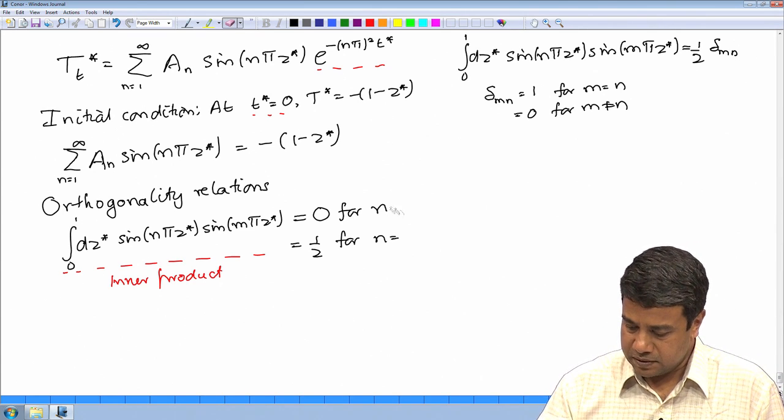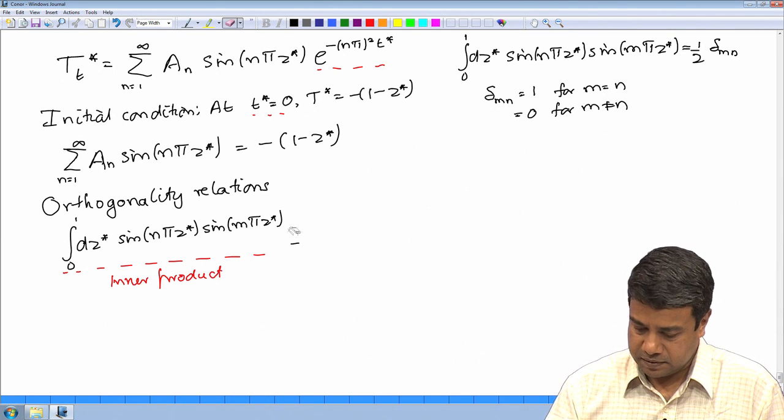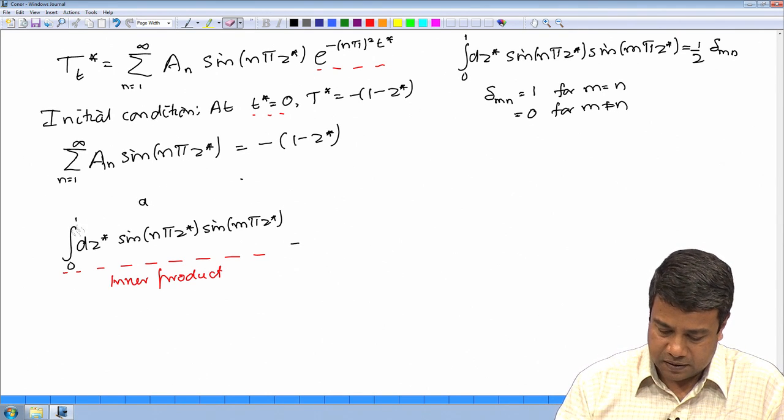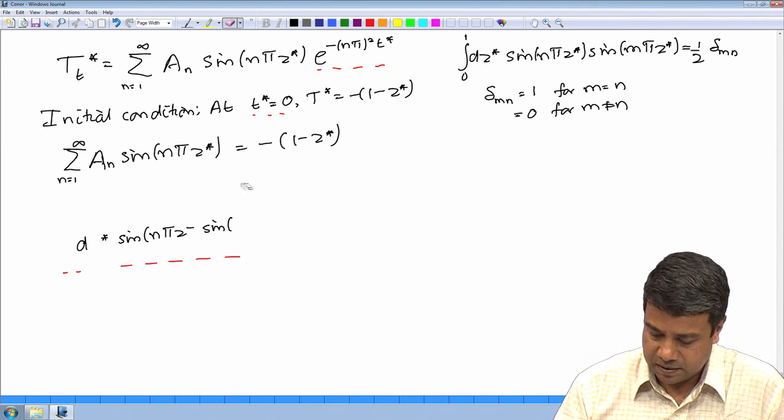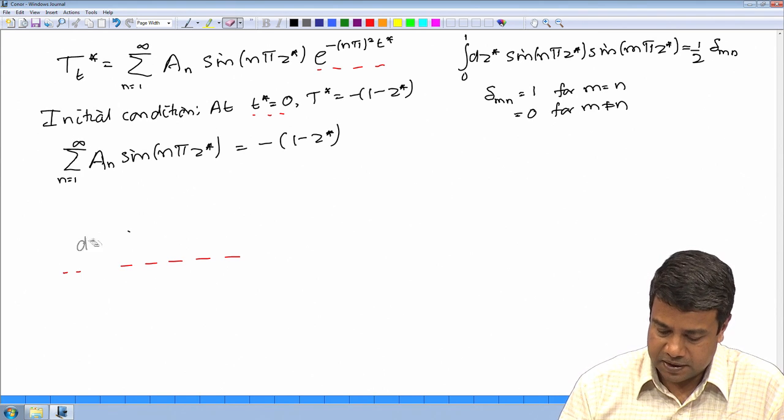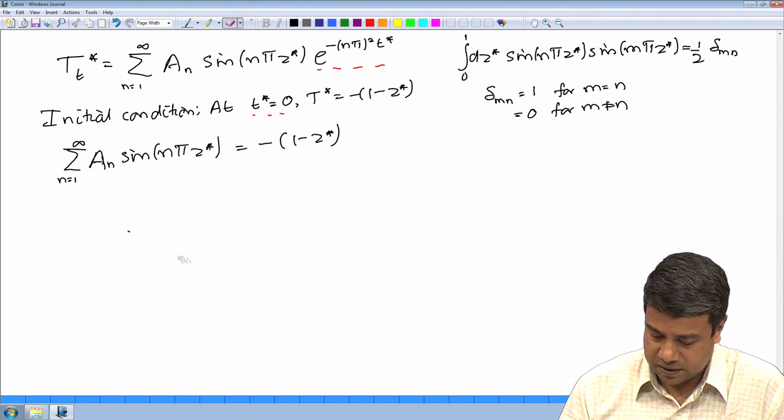So, now I can use this in this case. In order to find the constants, I multiply both sides of the equation by sine of m pi z star and integrate from 0 to 1.